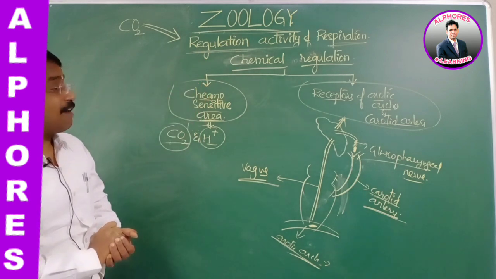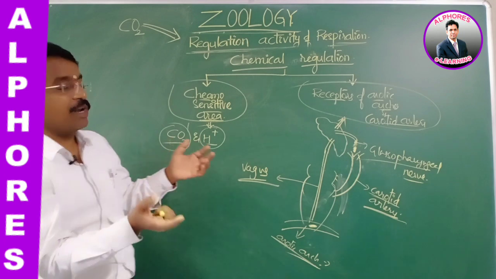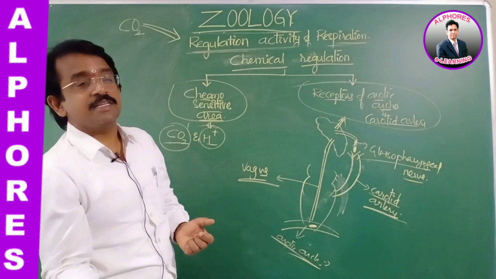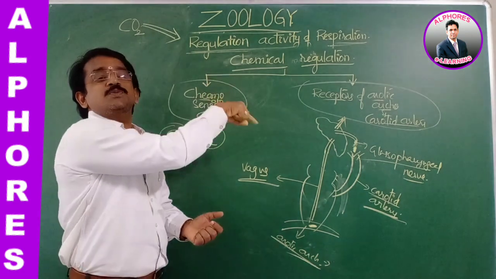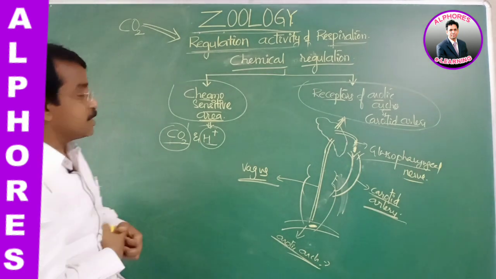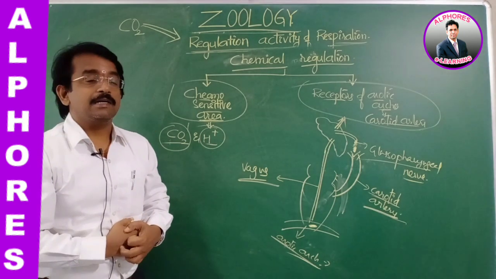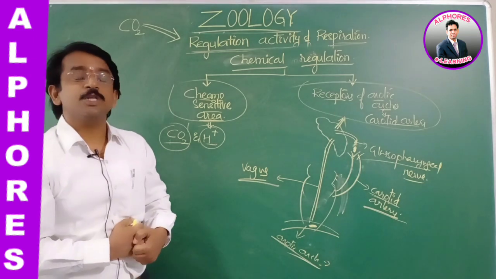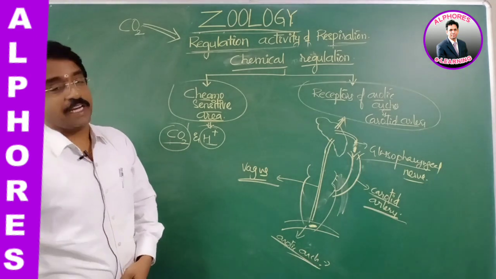Both have significance. They are one against the other. One unloads the oxygen, another unloads the CO2 to the outside. Generally, we also discuss here altitude sickness. Earlier we have seen altitude sickness.